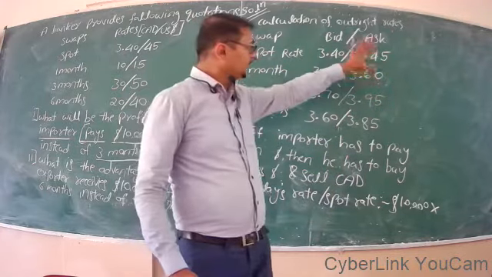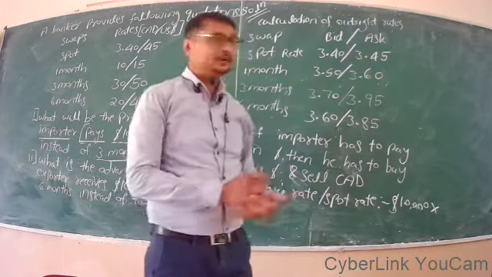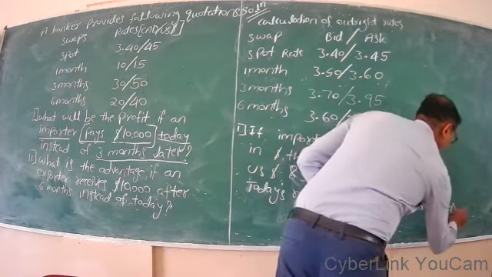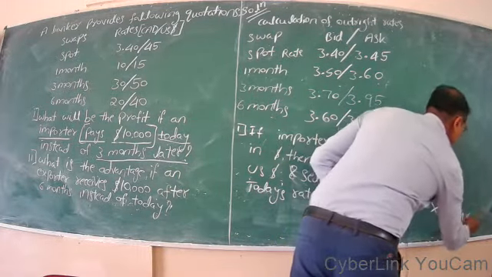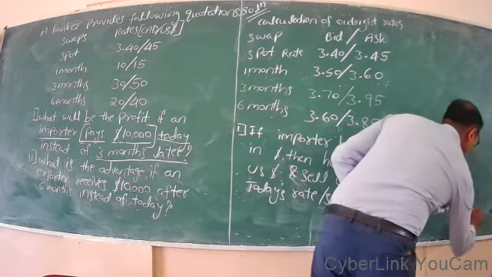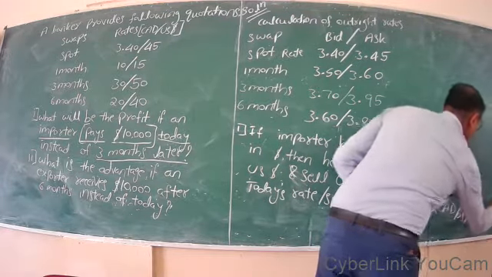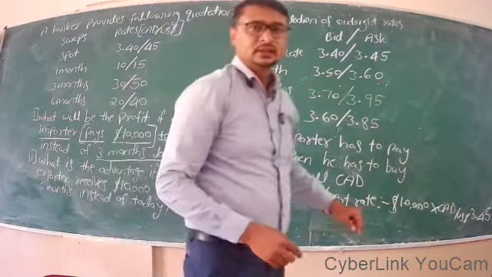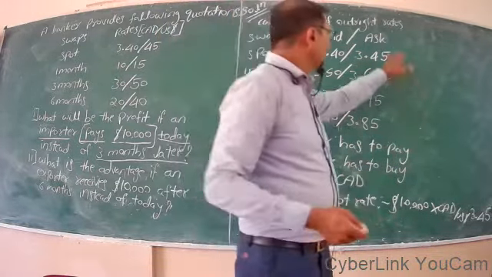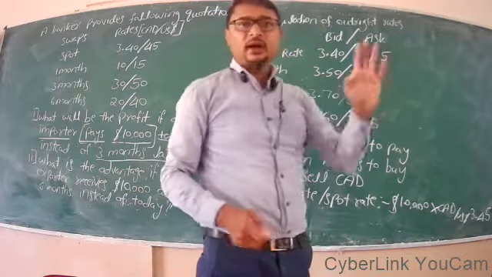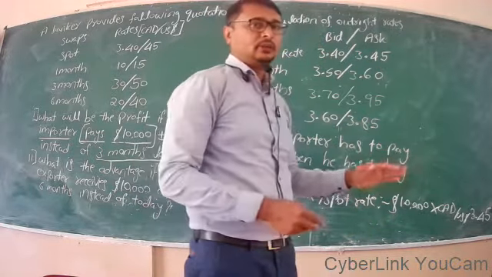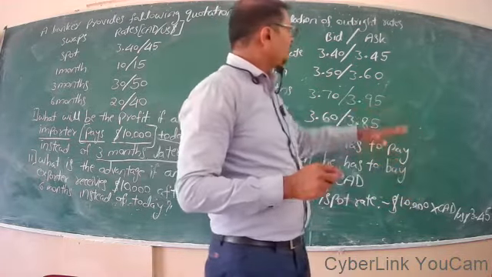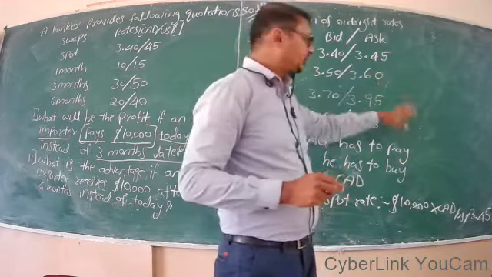In the given quotation, the banker's selling price is 3.45 Canadian dollar per US dollar, right? So to buy 1 US dollar, he has to pay 3.45. In the given problem, he is going to buy 10,000 US dollars.